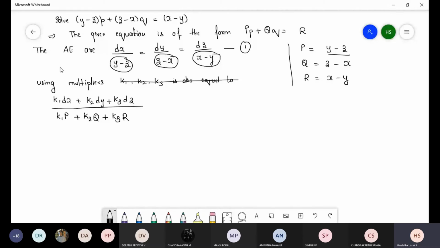So it is in the form k1 dx plus k2 dy plus k3 dz divided by k1 p plus k2 q plus k3 r. We have to use the multiplier 1 comma 1 comma 1. Why we are using the 1 comma 1 comma 1?